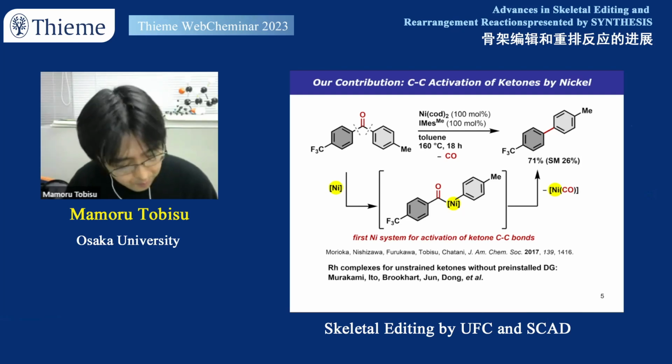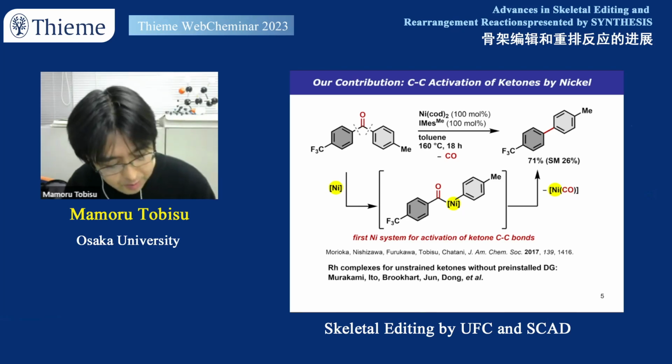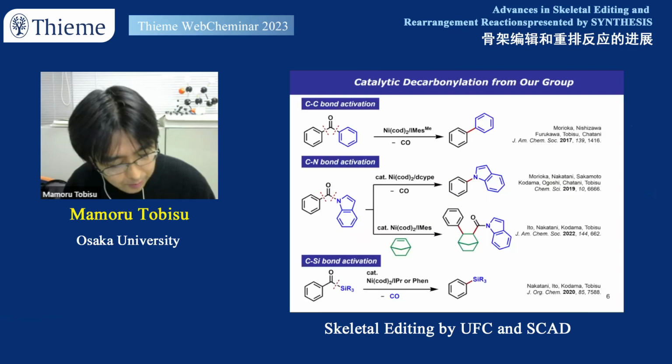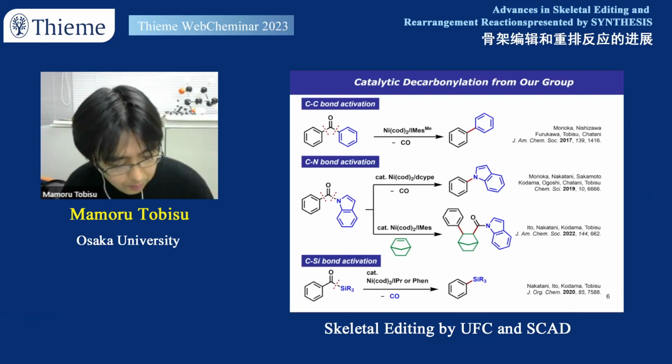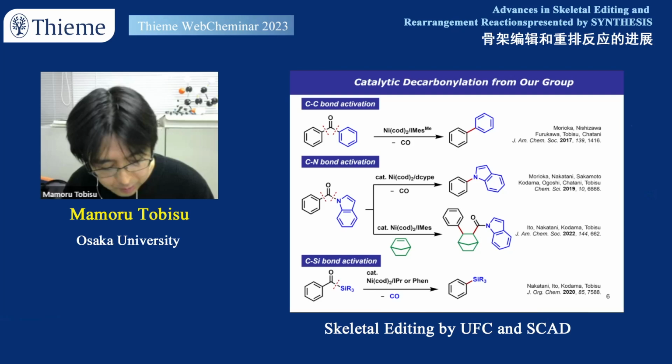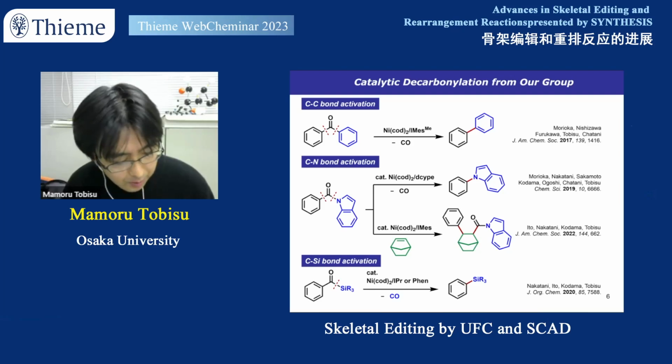For example, this type of amide derived from nitrogen heteroaromatics undergoes decarbonylation with a catalytic amount of nickel, allowing for the formation of a carbon-nitrogen bond by a UFC process. The eliminated CO can bind to nickel in this reaction as well, but this carbon-nitrogen bond is much weaker than a carbon-carbon bond of ketones, so the reaction can proceed in a catalytic manner.